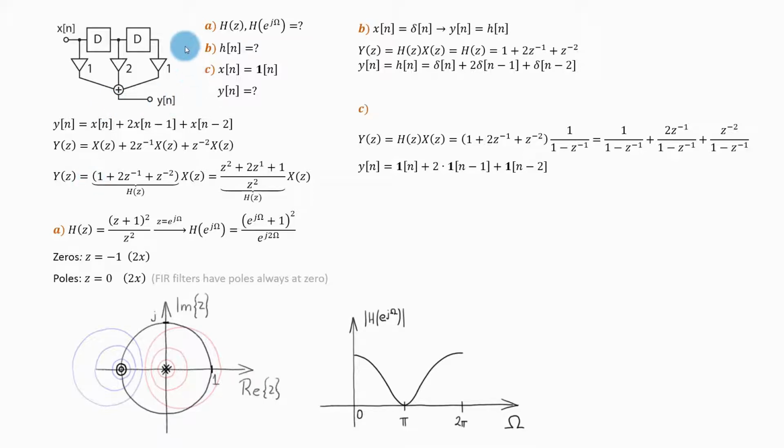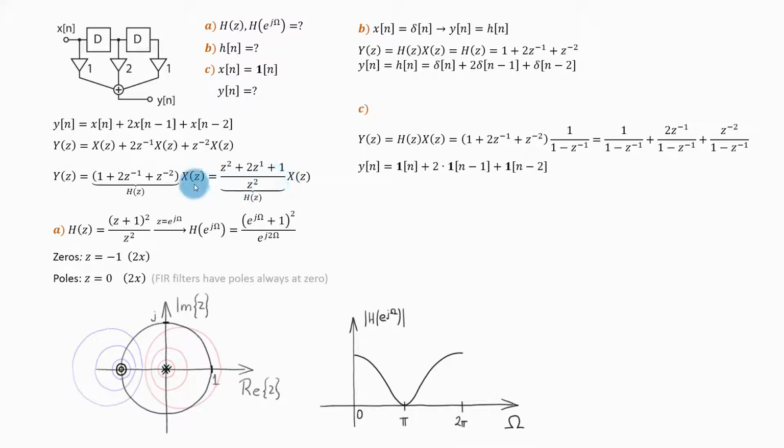For FIR filters that have only this feed-forward path, the transfer function is always in this form of polynomial of negative powers of z. If you want to get this transfer function into the form where you have only positive powers of z, you need to both multiply and divide this transfer function by z to the power of 2. When you do that, you will get this.